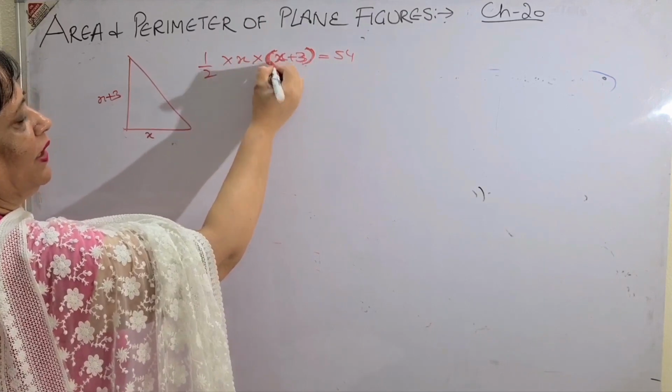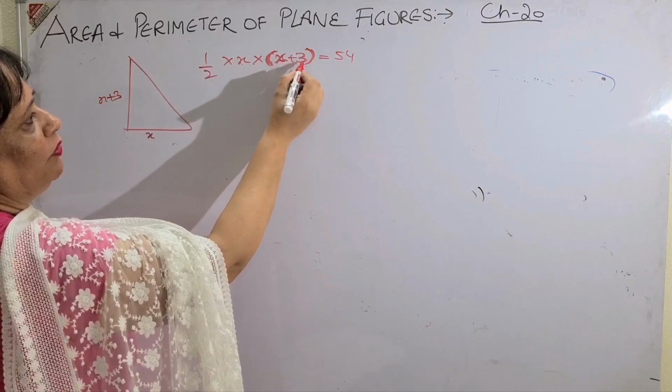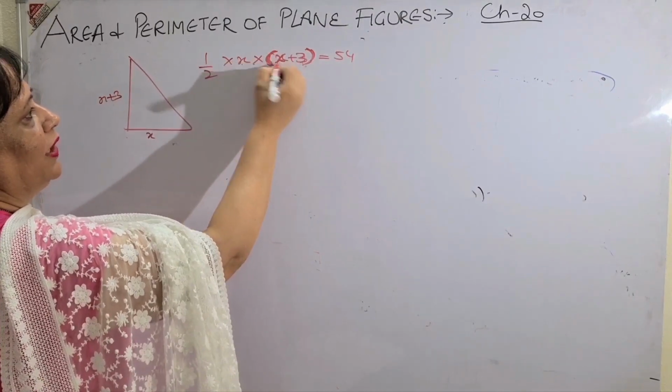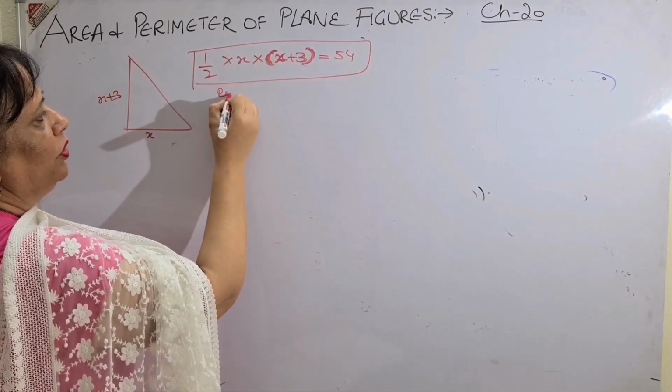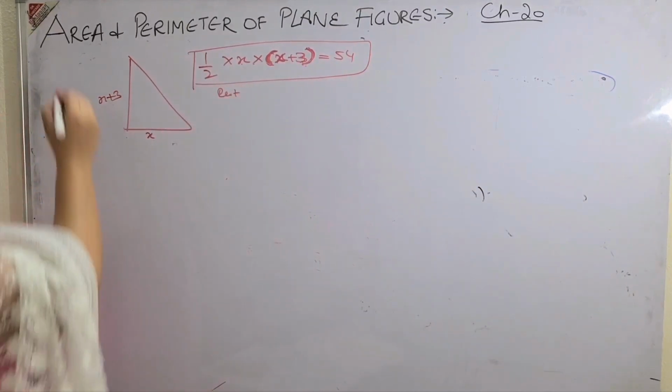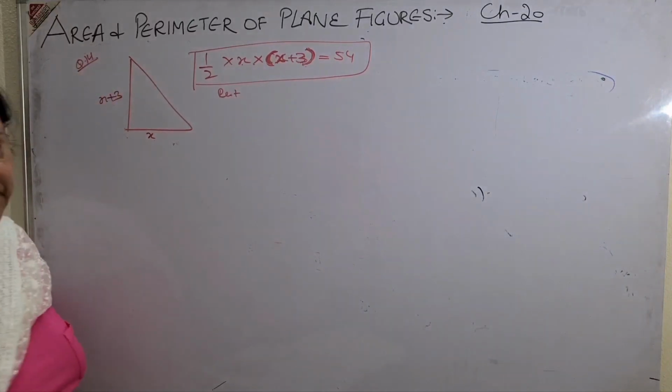If you will not put in the bracket, your answer will be wrong. You will just multiply x square and you will forget to multiply 3. So put in the bracket so that there is no complication at all. And rest you will do as we did in question number 13. This is question number 14 of the same exercise 20A.